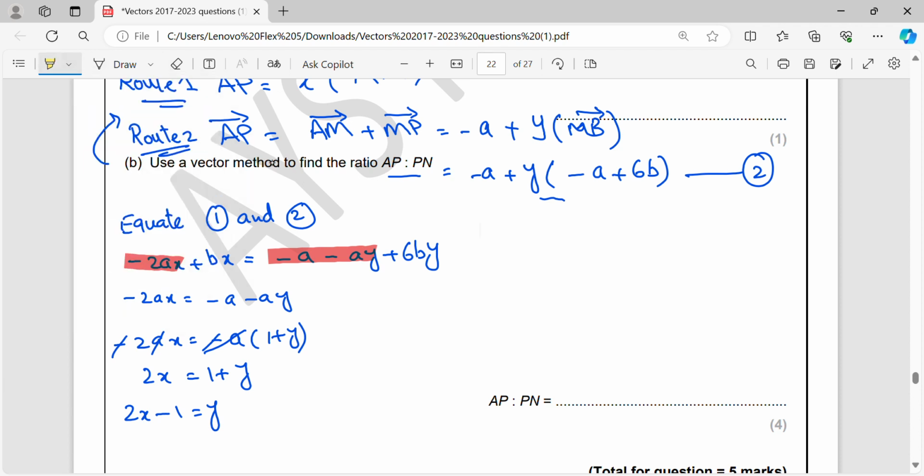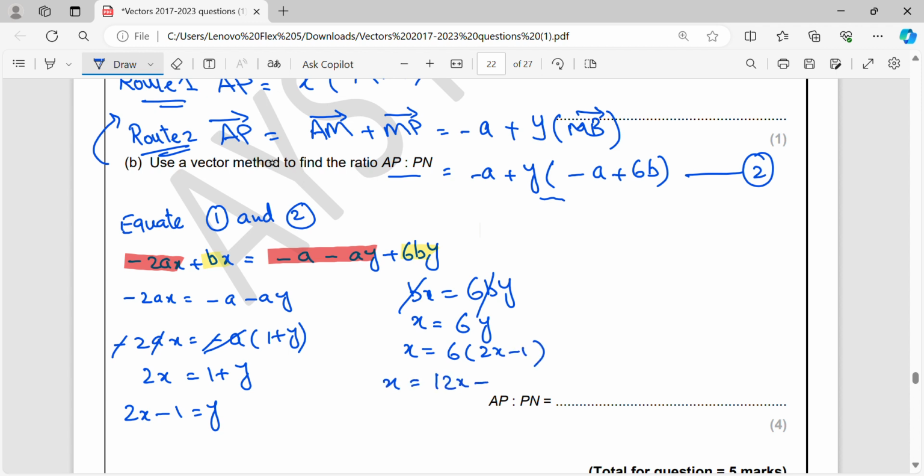Similarly, I can take B. So BX and 6BY. Let's solve for B: BX equals 6BY. Because B is present on both sides, I can cancel it. X equals 6Y. I have the value of Y, 2X minus 1, so X equals 6 into 2X minus 1. Expanding the bracket, 6 times 2 is 12X minus 6.